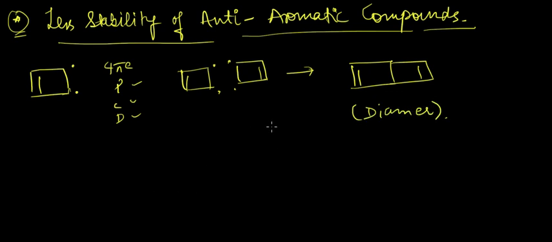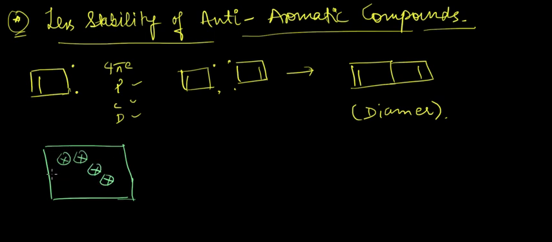Okay, so anti-aromatic compounds can be easily isolated in inert solvent. So we have some solvent, this is the case, and we have some inert solvent. X implies the presence of inert solvent, and we have some anti-aromatic compound here, just like this.